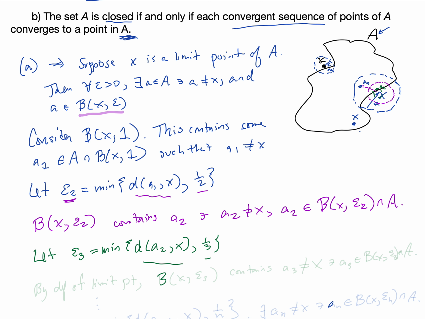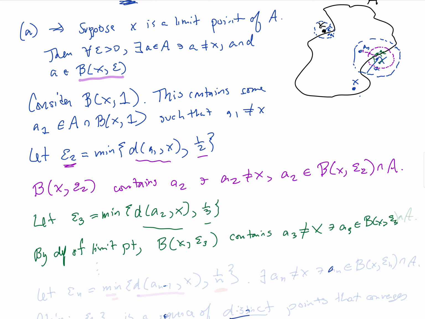And then again, by definition of limit point, because X is a limit point, the ball centered at X of radius epsilon 3 contains some A3 not equal to X, such that A3 is in the ball centered at X of radius epsilon 3, and it's also in A. So this is my way of constructing the sequence of points A1, A2, A3.